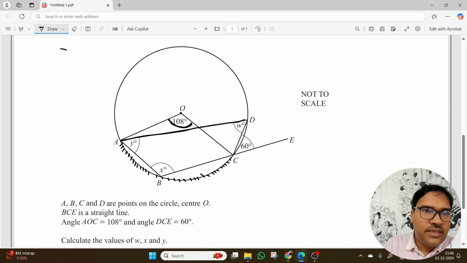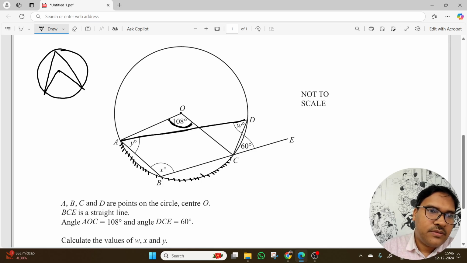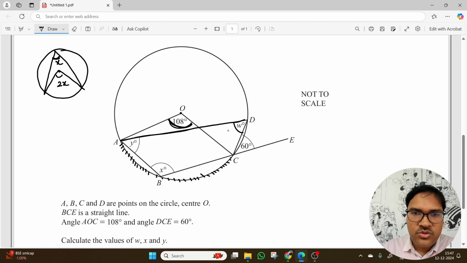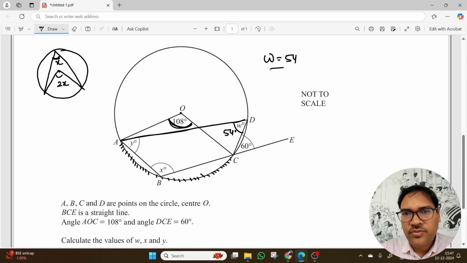We know the property that if an arc subtends an angle at the center and at the circumference, and the angle at the circumference is x, the angle at the center will be 2x. Angle at the center is double the angle at the circumference. So if this is 108, this will be half of it, which is 54. So W is equal to 54.